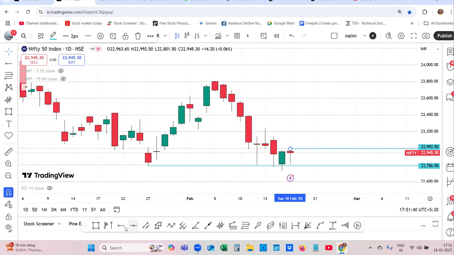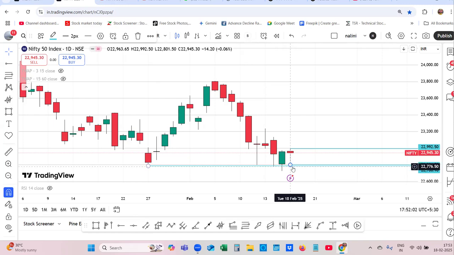And if I mark the low of the day with the magnet, it will come to 22,801.50. If I place the cursor, you can see the preciseness of the marking of the high and low of the candle. That is step number 1.